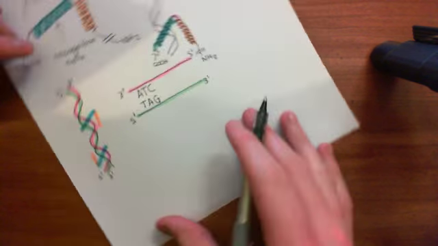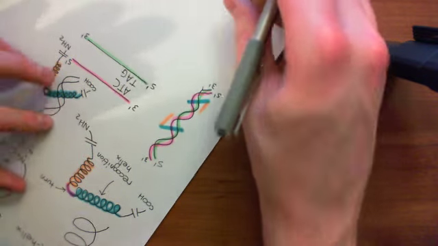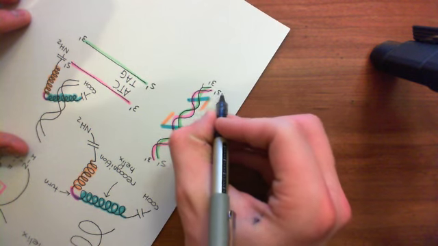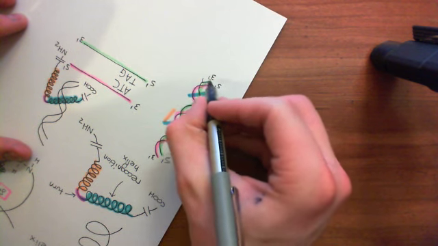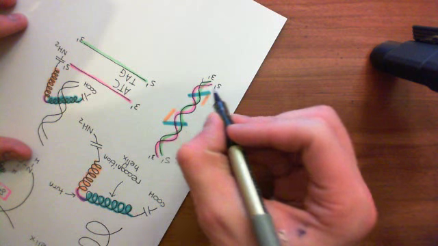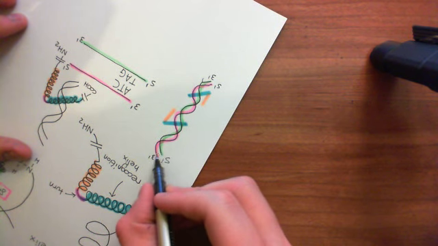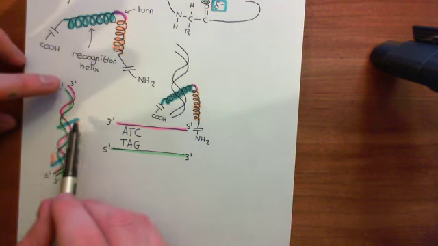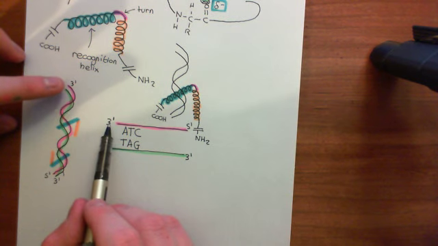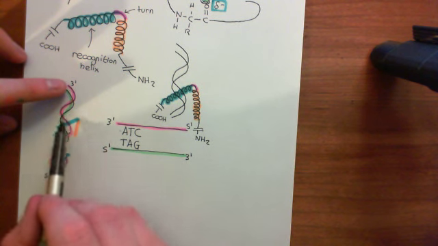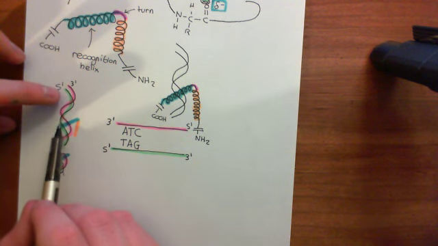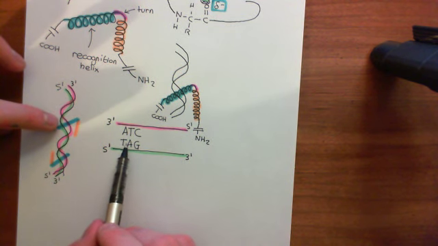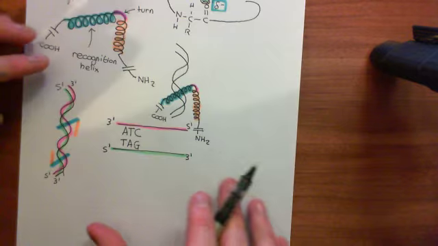So let's think about this then. We have our 5' strand is now the pink one, and the 3' strand is now the green one. So effectively, the two strands have swapped places. In the case of binding in this direction, we needed the strand that was coming from the 3' end to have adenine, thymine, and then cytosine, and then we needed the 5' strand to have thymine followed by adenine followed by guanine.